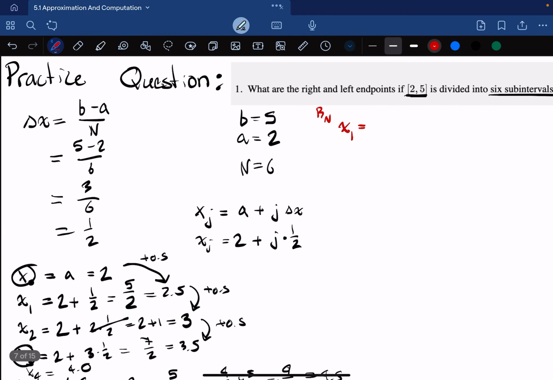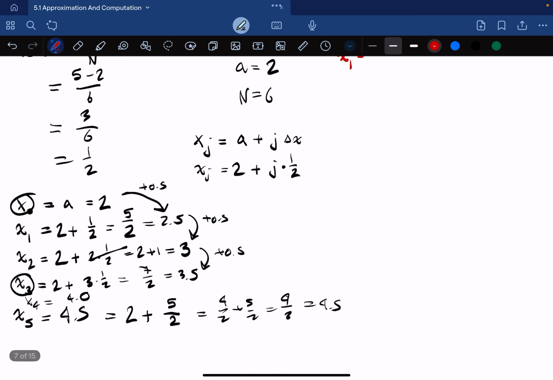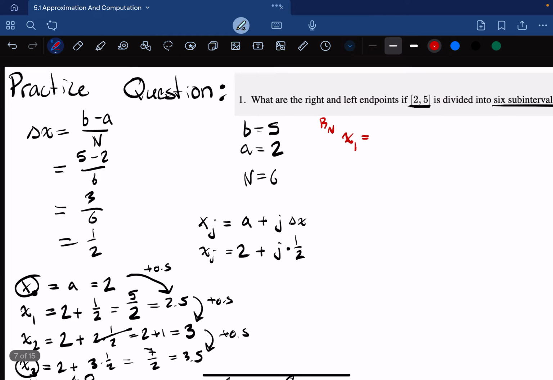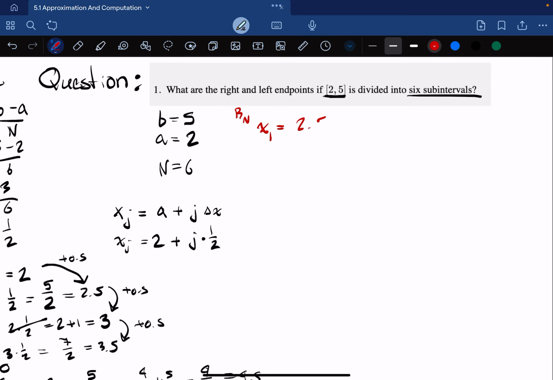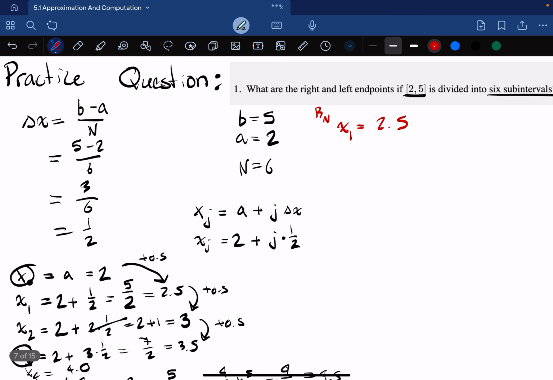The only difference is that the starting endpoints for both of these approximations are different, but the actual endpoints themselves will be very similar. So x of 1, I can simply copy it from there. I know it's going to be 2.5. And then because the delta x is the same, I can go from there and just keep on adding 0.5.